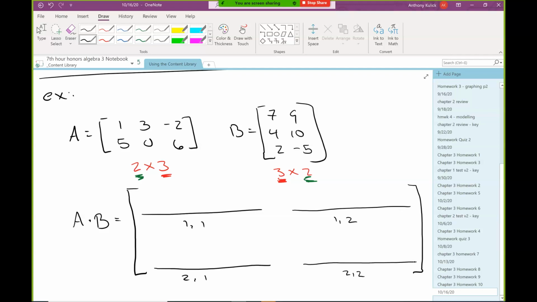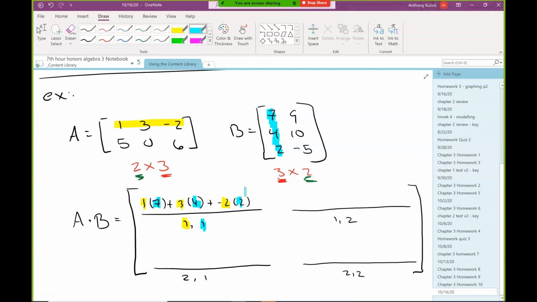So to calculate this first blank, I'm going to use the elements in row 1 from A with the elements in column 1 from B. So I'm going to have 1 times 7 plus 3 times 4 plus negative 2 times 2. Everybody okay with that?